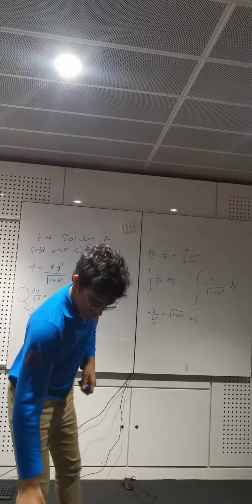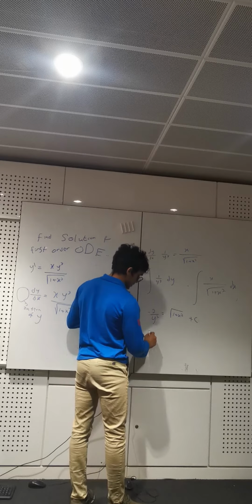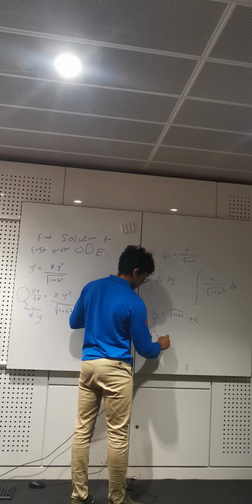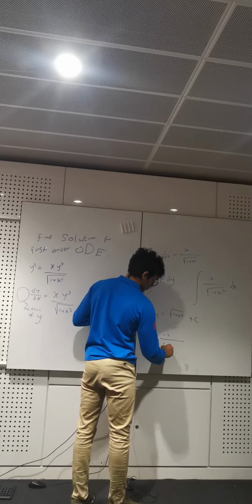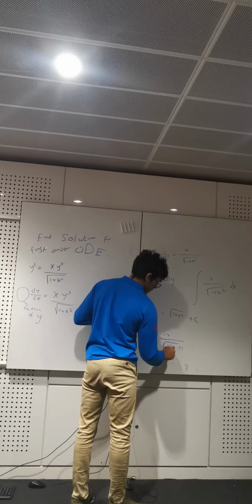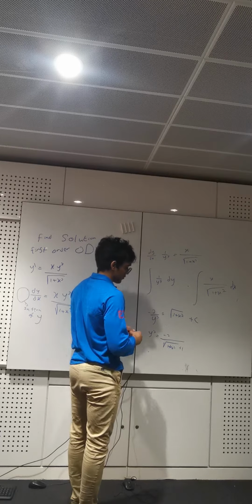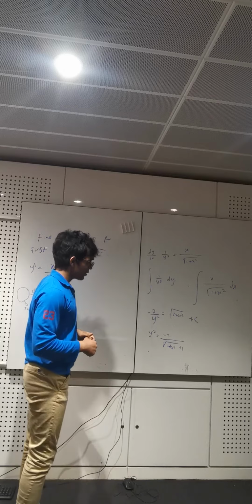So this is the first example. You can actually separate y from here. So y squared is equal to negative 2 divided by the square root of 1 plus x squared plus c. Take the square root of this again, and it just becomes the square root of a really complicated thing.